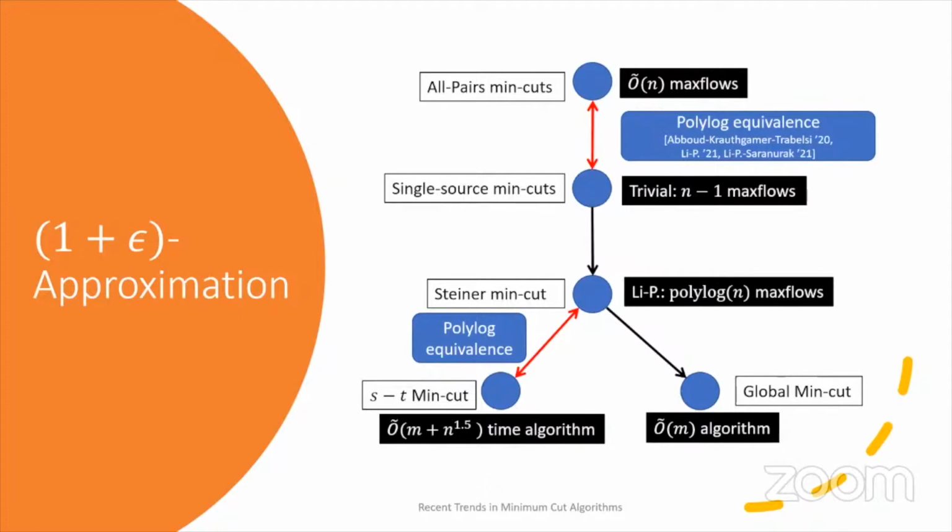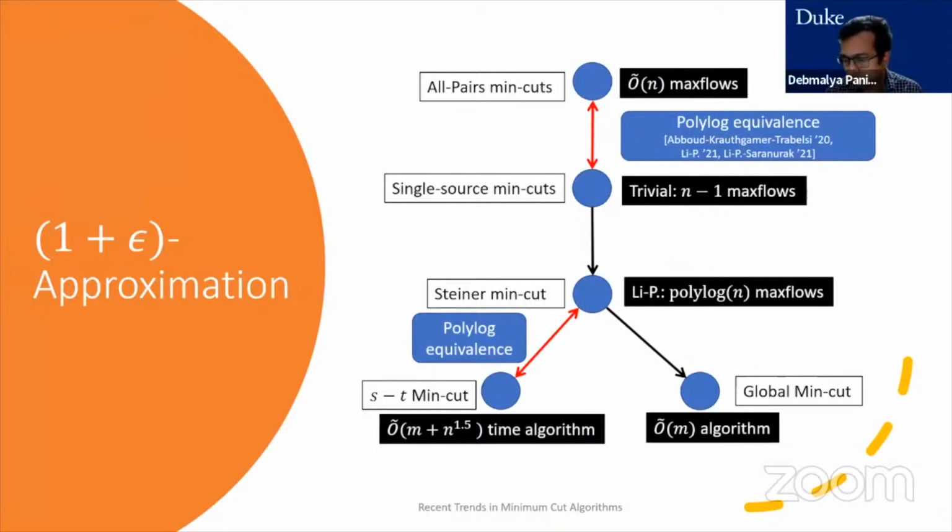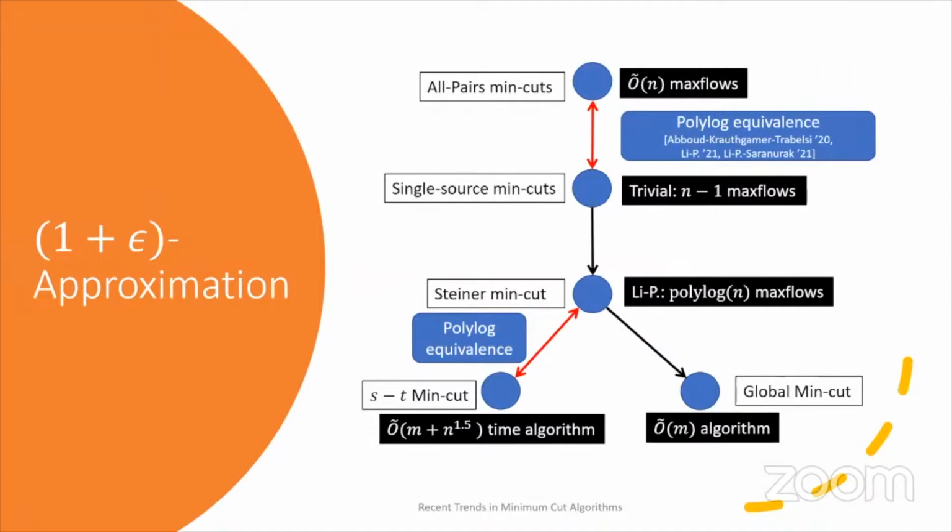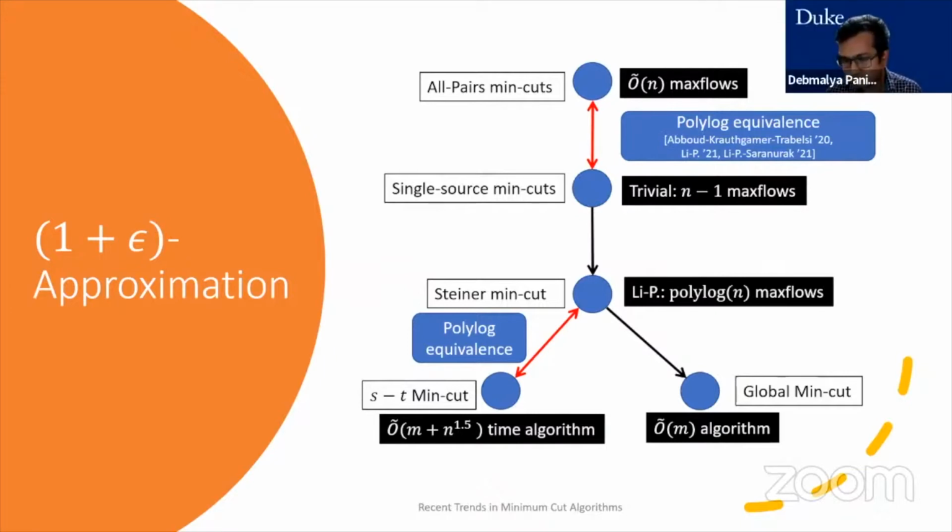Debmalya, quick question before you move on. For the bottom three, or at least the two leaves at the end, there are algorithms that do not use max flow. The global min-cut does not use max flows. It's in fact faster than max flows. ST min-cut is the same as max flows.